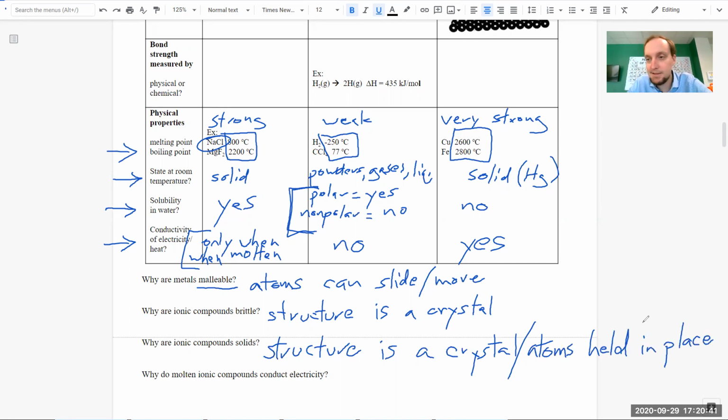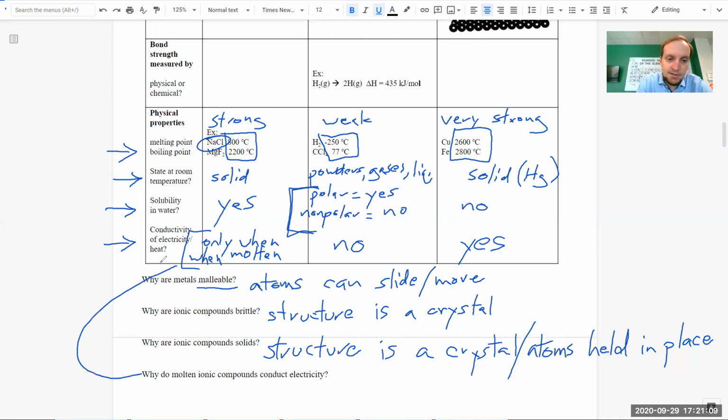Because the metallics, if you hit them hard enough, they will move just ever so slightly, and therefore, again, that will change the shape. In the ionic, if you try to smash it with a hammer, it won't bend, it won't move. They're not malleable. It'll just break and fracture. Okay, that's because the atoms are fixed in a very particular location, and they do not have the ability to move at all.